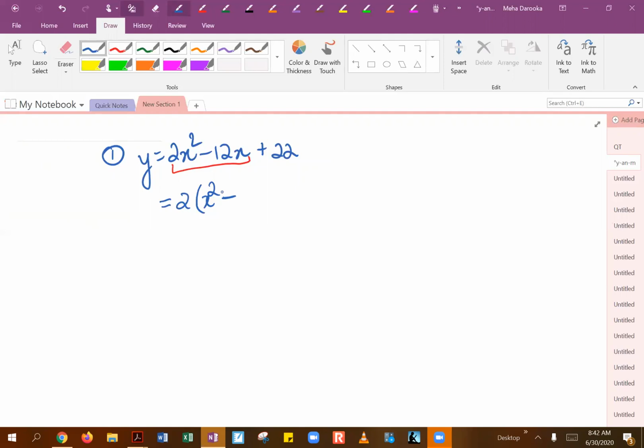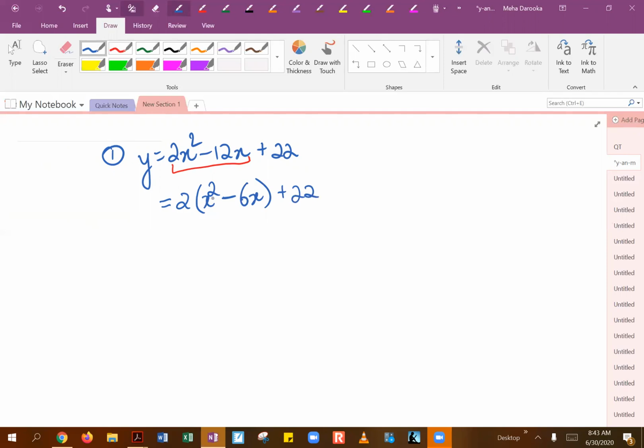What are we going to be left with over there? So when you factor out the 2, yeah, very good. You will be left with the 6x, right? Because 12 divided by 2 will give you the 6, and that 22 will stay as it is also.